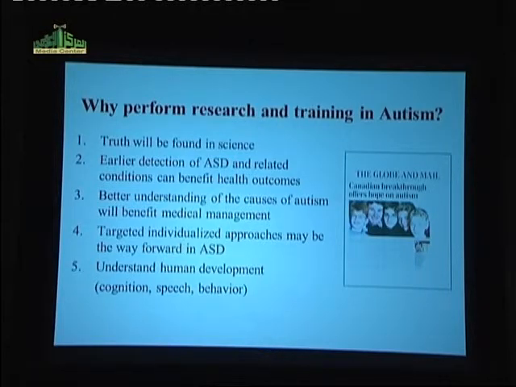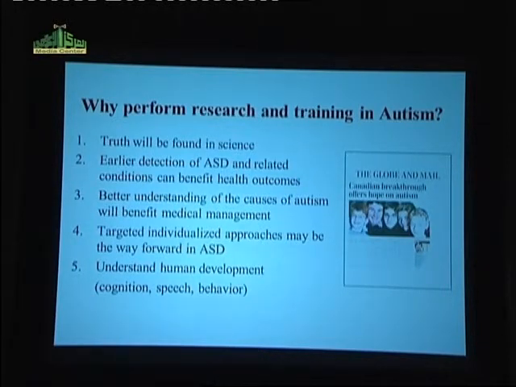So this is the genomic medicine we're here to talk about today. Better understanding of the causes of autism will benefit medical management, including counseling of families, and perhaps also lead to identifying the right pathways that are affected in these individuals so that proper drugs can be used to try to treat them. And then I think very importantly is to understand human biology, human development.